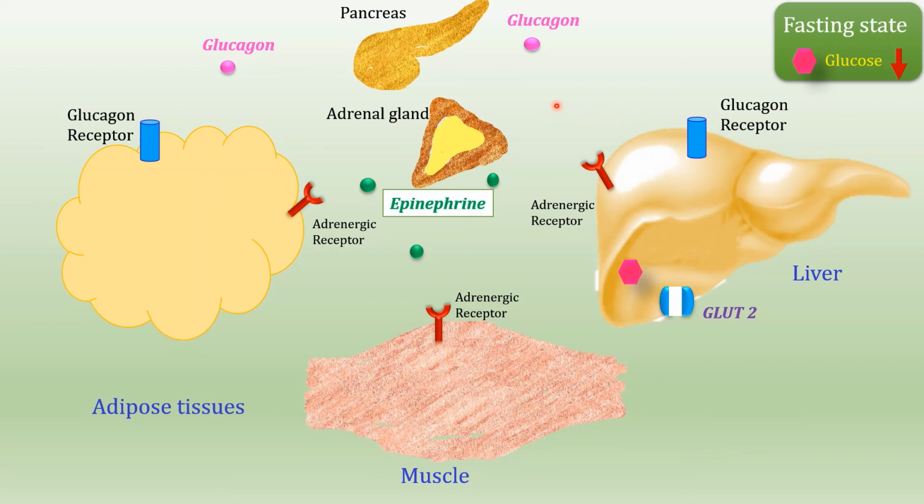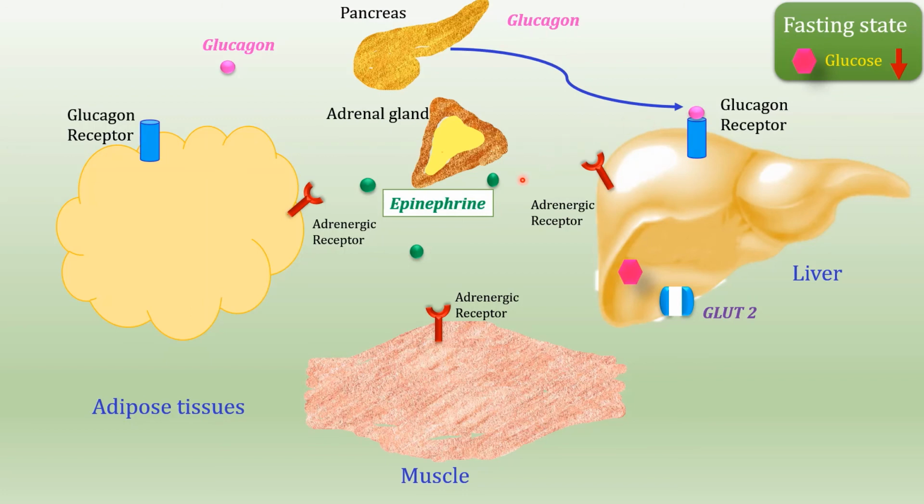Glucagon binds to the glucagon receptor present on the liver, and activates it. The liver is more responsive to the action of glucagon than epinephrine. The action of epinephrine on liver is not as significant as that of glucagon.